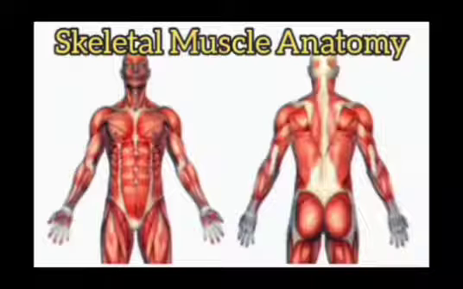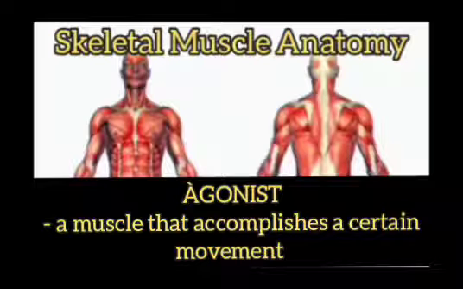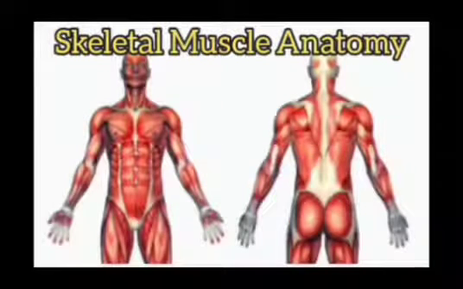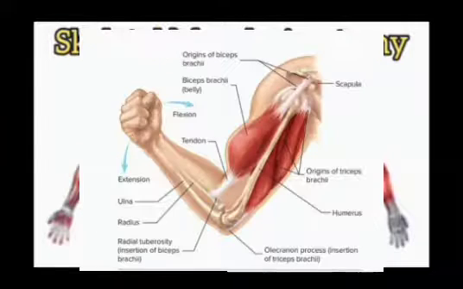Muscles are typically studied in groups of agonists and antagonists. The action of a single muscle or group of muscles is opposed by that of another muscle or group of muscles. For example, the biceps brachii flexes, so it bends the elbow, and the triceps brachii extends the elbow.